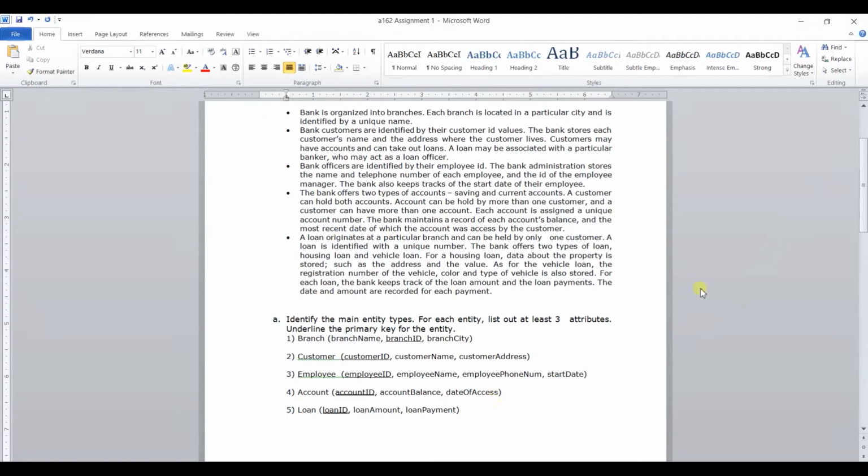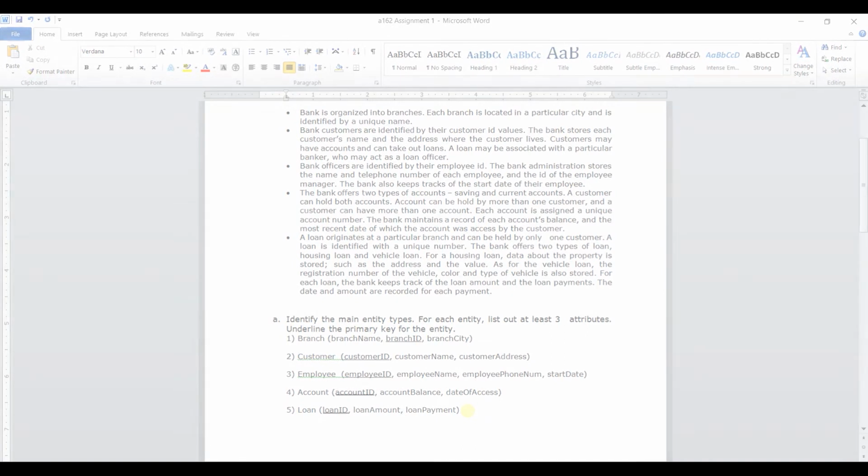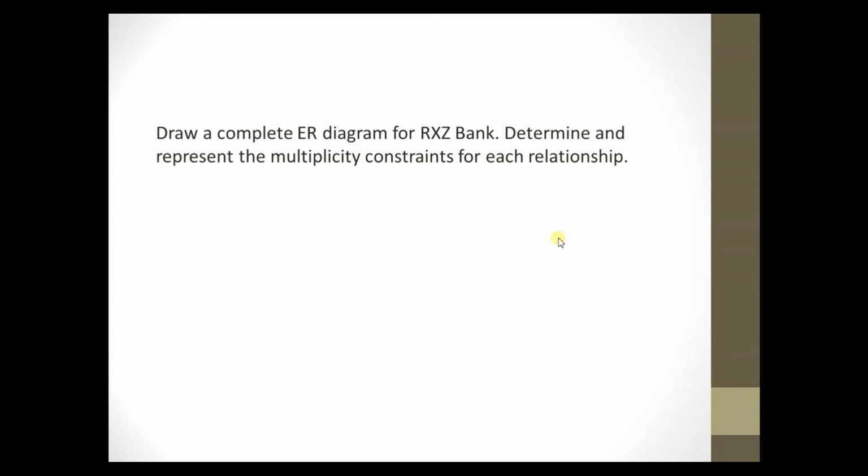Okay, the next step is to draw the whole entity diagram for the RxJet bank. Let me show how I draw the entity relationship diagram. The second question is to draw the ER diagram of the RxJet bank, and we also want to determine the multiplicity constraint for each relationship.